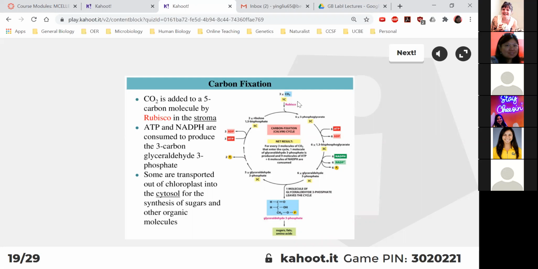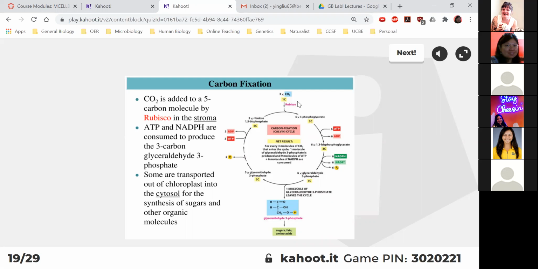The first enzyme is called Rubisco. It basically takes CO2 as inorganic carbon and incorporates it into a 3-carbon molecule, eventually forming a 3-carbon molecule called glyceraldehyde-3-phosphate, or G3P.